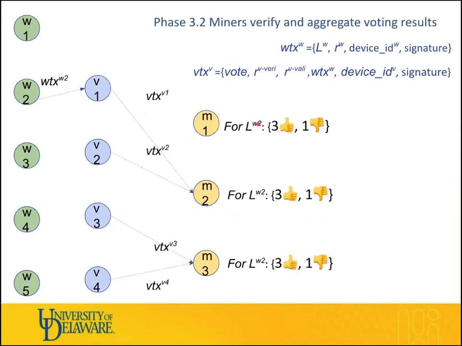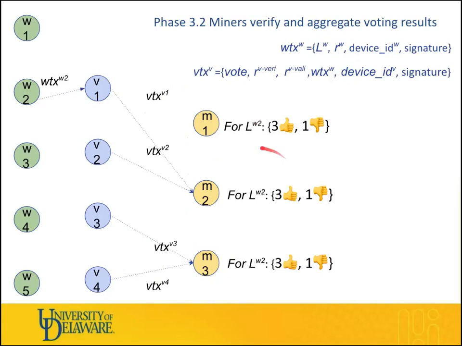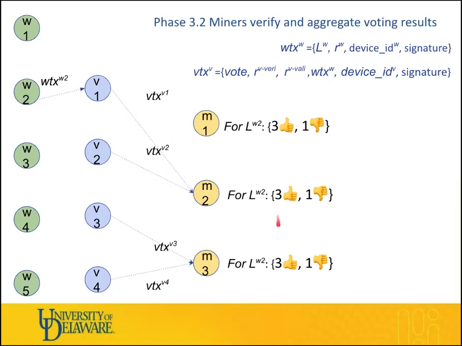Now, since every miner has all 4 validator transactions, they could verify the signature and get a verification reward, extract their voting results, and aggregate them. In this case, assume they are all legitimate and follow the aggregation rule. They will all get 3 positive and 1 negative vote for LW2.